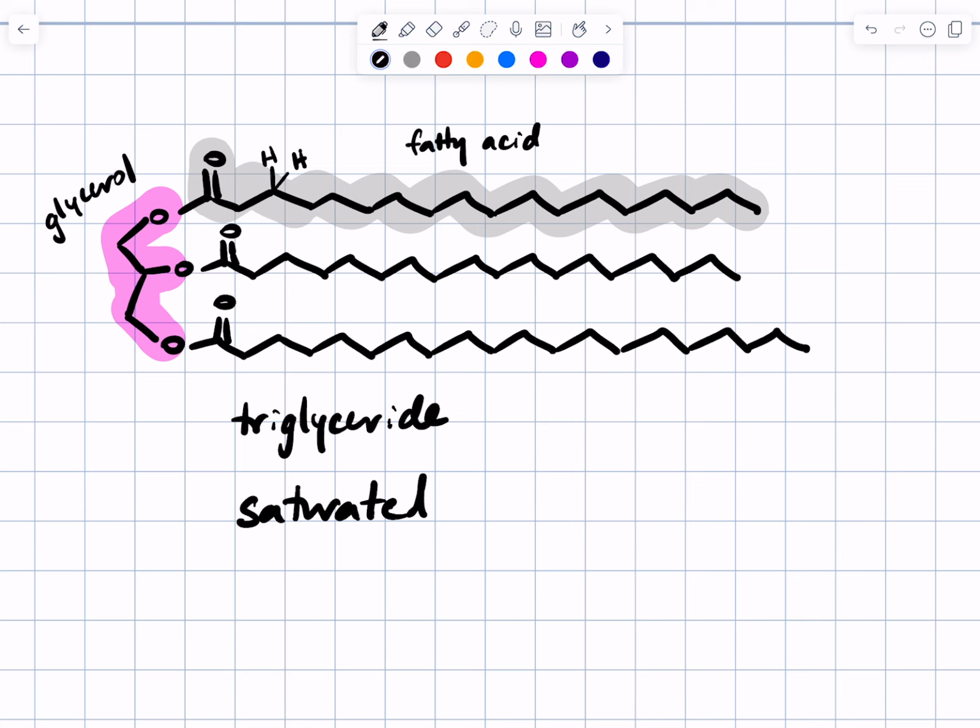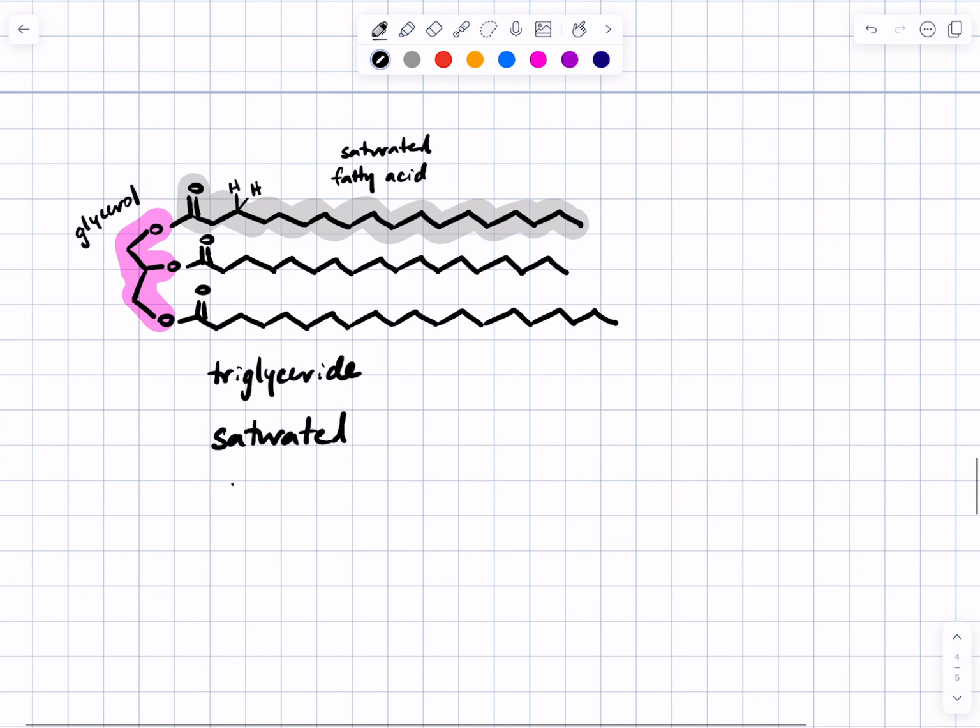And this is a saturated fatty acid. The saturated fatty acid would tend to be solid at room temperature.